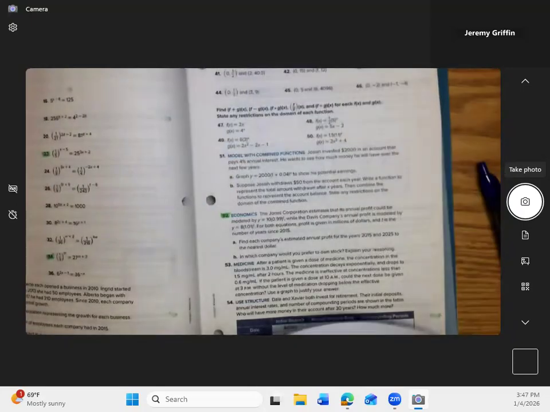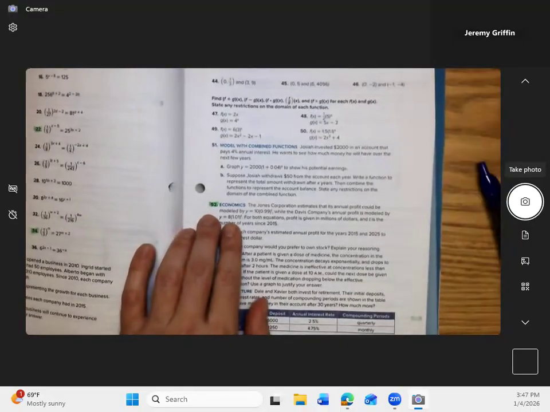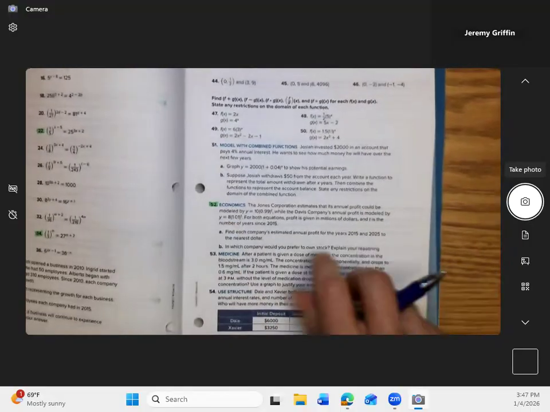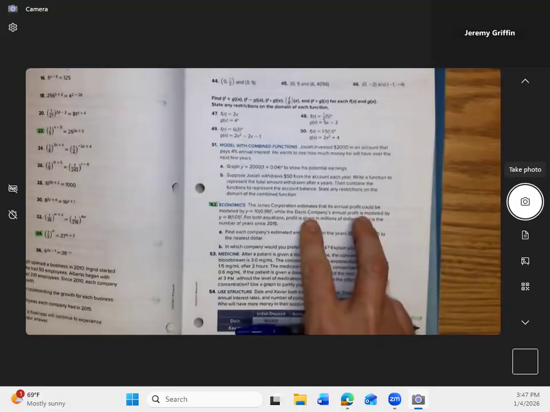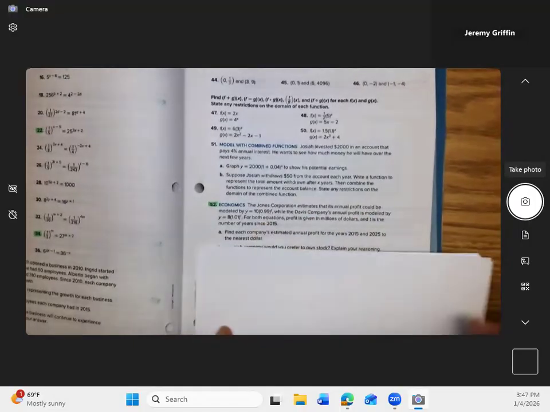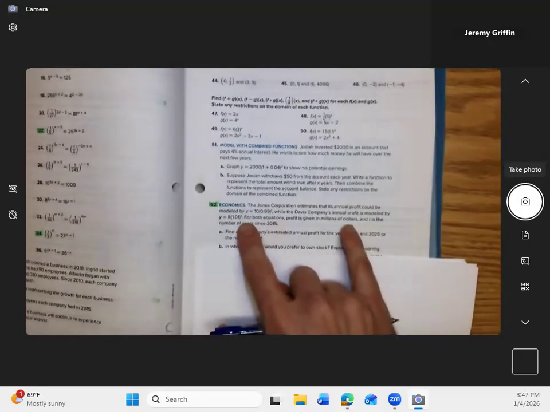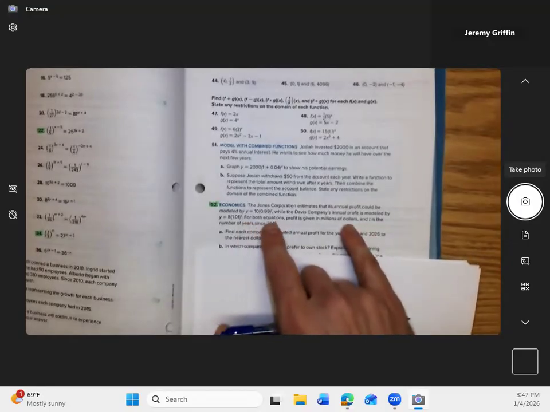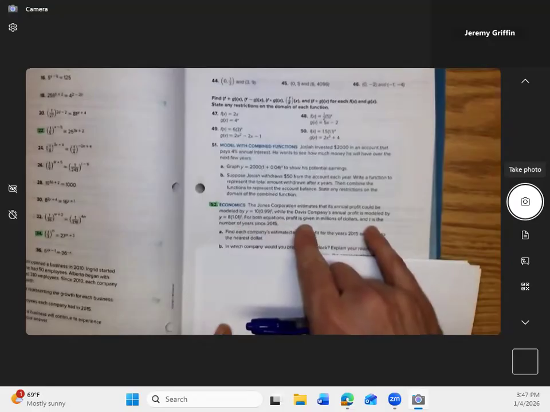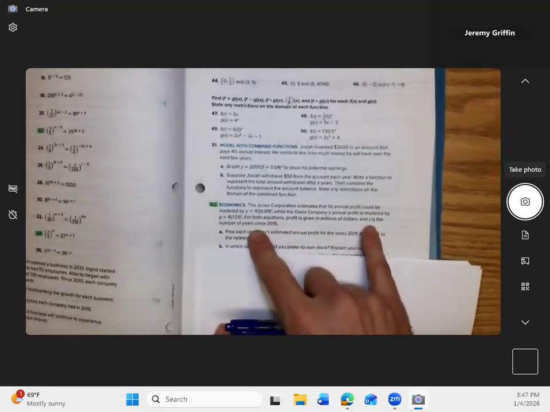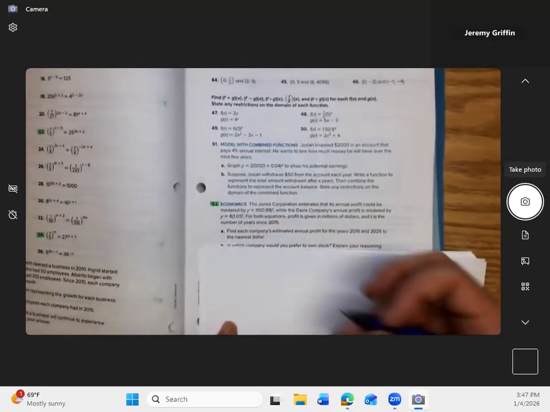Keep going. 52, economics. The Jones Corporation estimates that its annual profit could be modeled by this expression, and Davis's profit could be modeled by this expression. For both equations, profit is given in millions of dollars, and T is the number of years since 2015, which would be the base year.